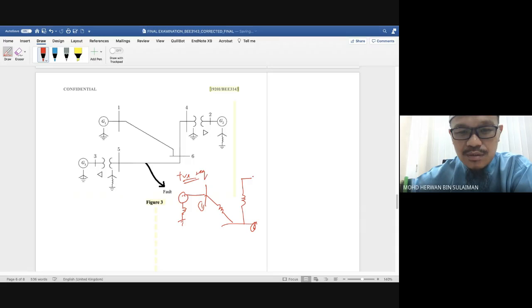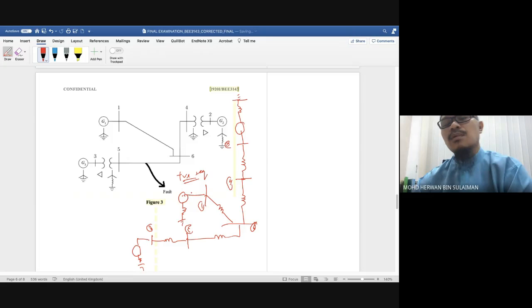You have this one is bus 4, and then you have transformer, and then you have bus 2, then you have generator. Okay, and then you have this transmission line. This one is bus 5. You have transformer. You have bus 3. You have generator, and then you have ground.